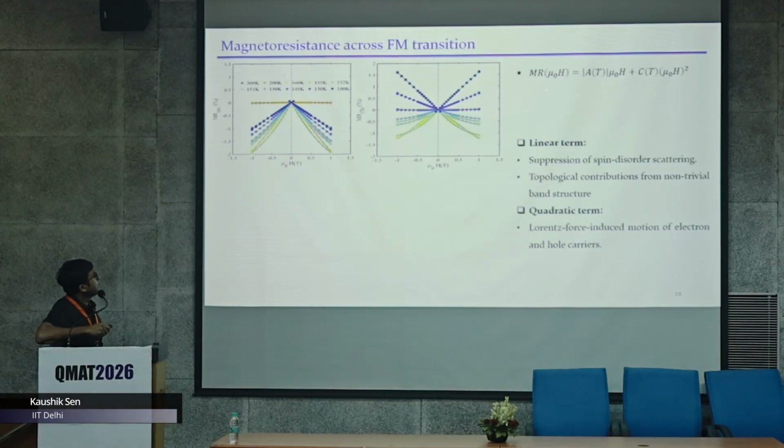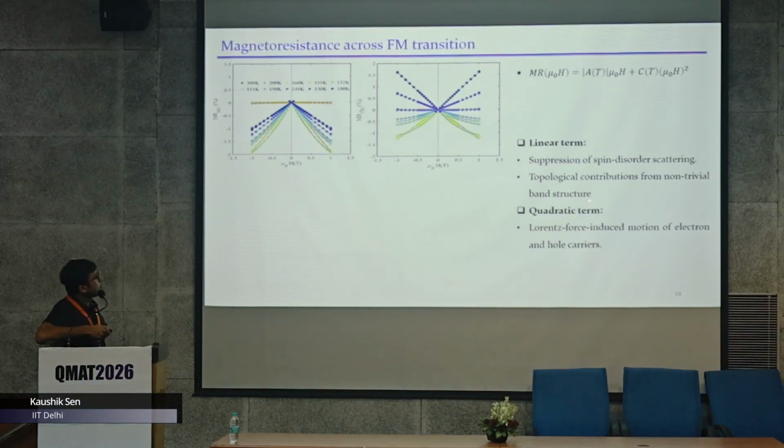And so to understand this qualitatively, we fit with a linear model, like magnetoresistance proportional to magnetic field and magnetoresistance proportional to H square. Okay, these two contributions. One linear term can come from, if you have a ferromagnetic system and apply magnetic field, you suppress the spin fluctuation and then the resistance drops.